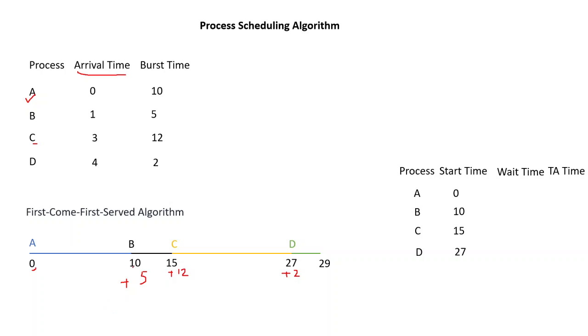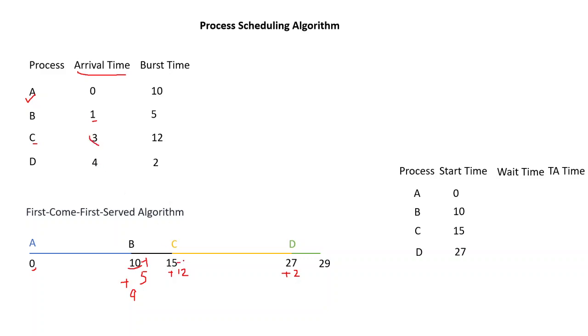The wait time of B will be 10 minus 1, so 10 minus 1, that is 9, will be the wait time of B. C has started at time point 15 and C arrived at time point 3.